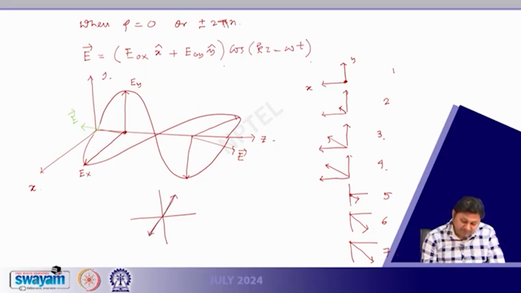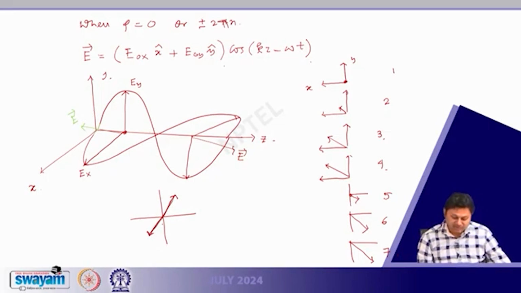Along 45 degrees or not depends on the amplitudes of Ex and Ey, but it will vibrate in this direction. Since it is vibrating in one direction, we call this linear polarization, or in short form LP.